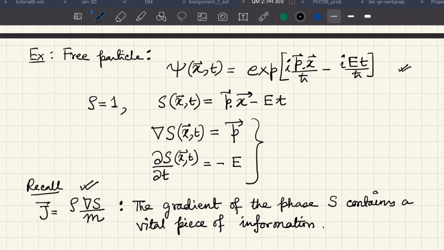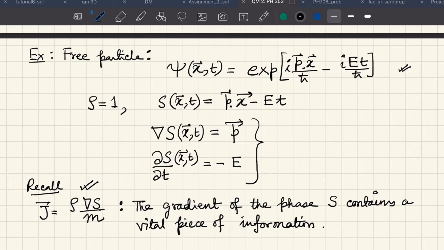The stronger the phase variation, the more intense is the flux. And also I have just said that therefore the direction of J at some point x has to be seen to be normal to the surface of constant S. That is the meaning of gradient of S. So we have gathered a few very important and interesting pieces of information from this.